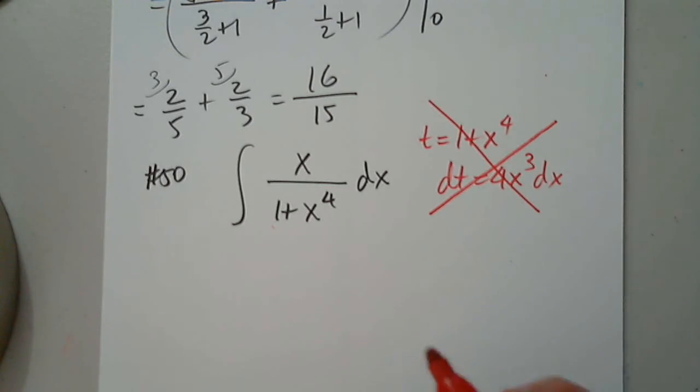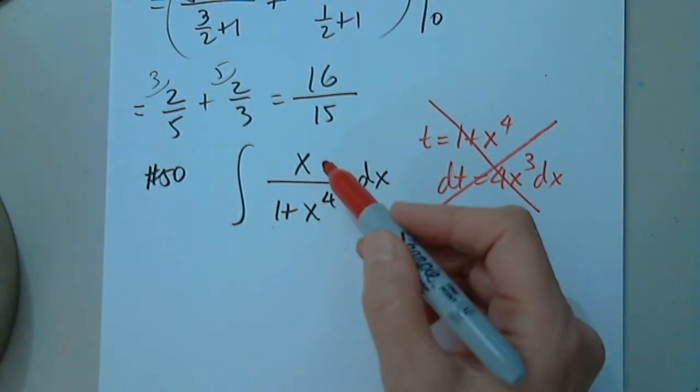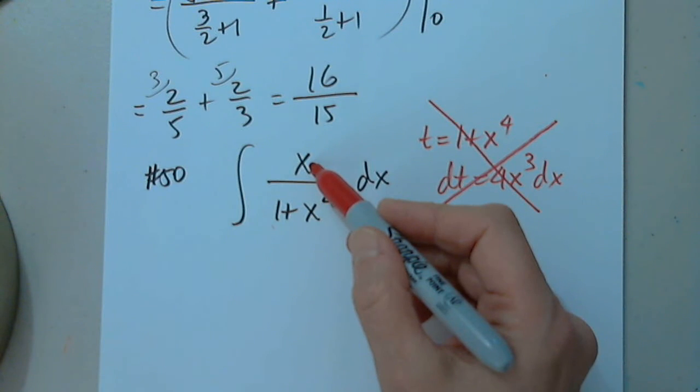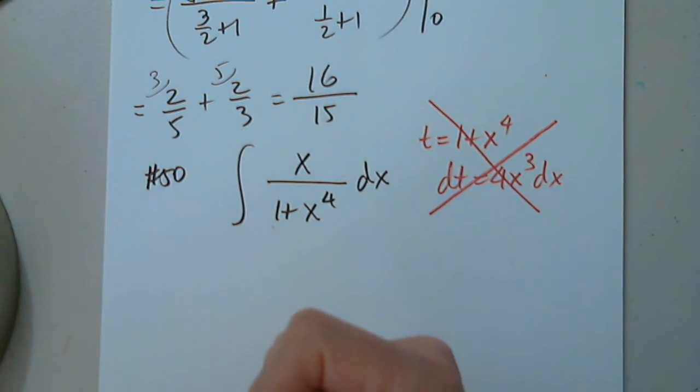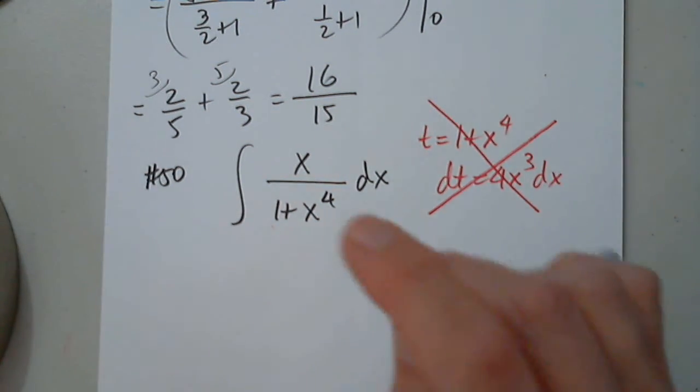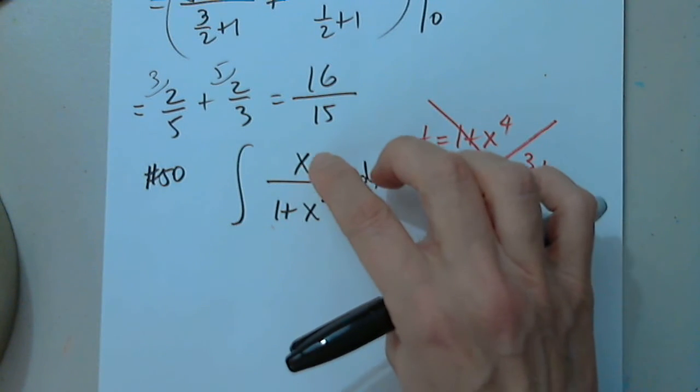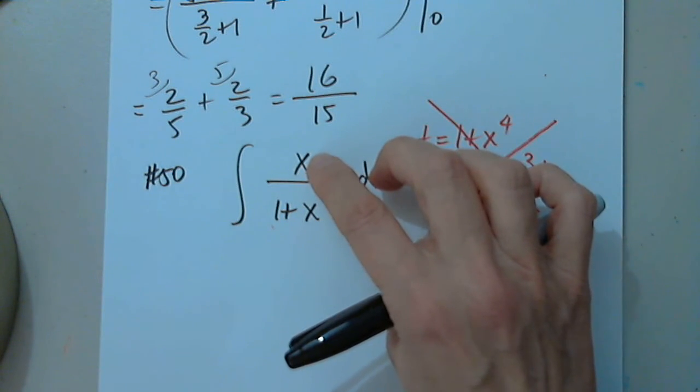Next, I'm still looking here, and I see that this is x at the top. Do you have any suggestion? I'll wait for a second or two if you have any suggestions. So I'm looking at this, and I'm also looking at the fact that this is x.